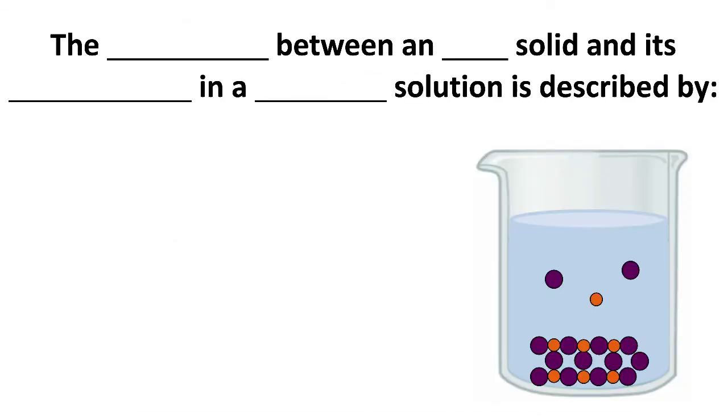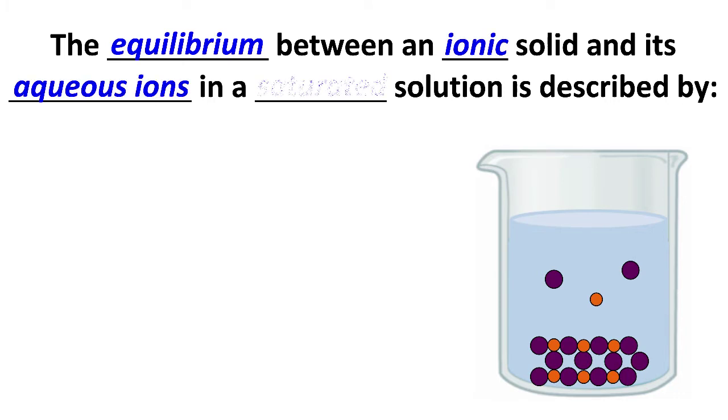Now, how do we deal with this kind of equilibrium? Well, the convention is that we deal with the equilibrium between an ionic solid and its aqueous ions in a saturated solution. So here we have some solid. It's got some dissolved ions. The solution is saturated, so no more ions can dissolve under these conditions.